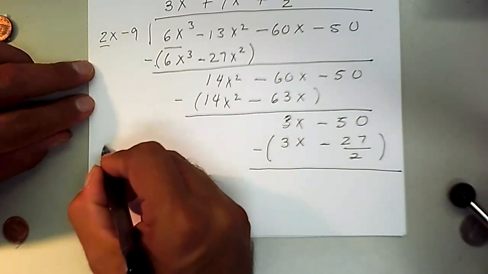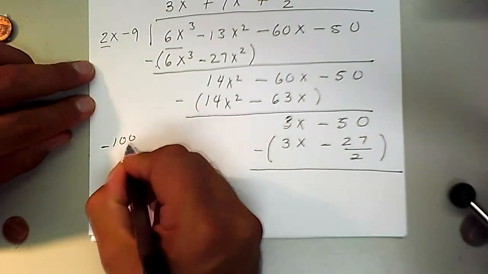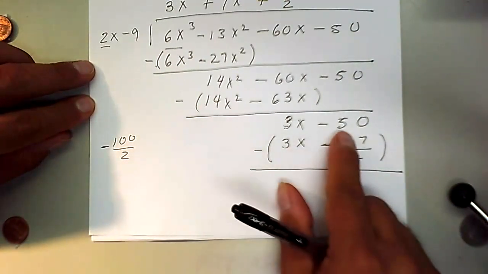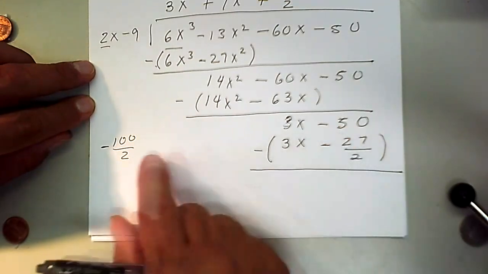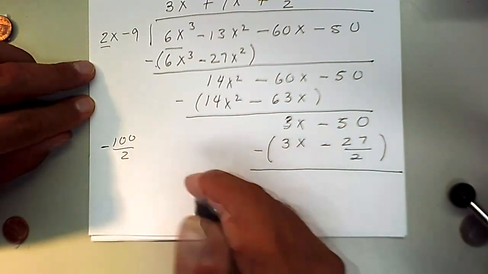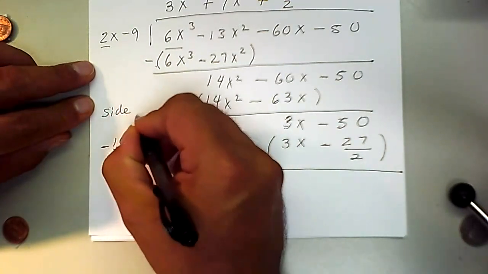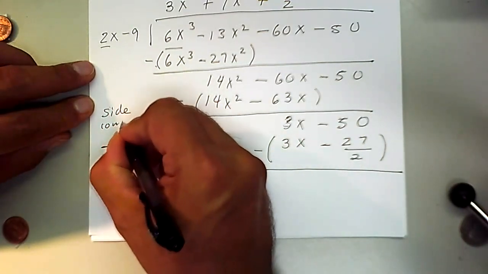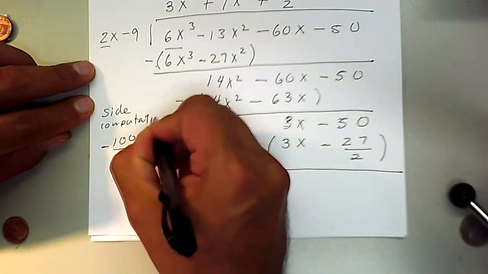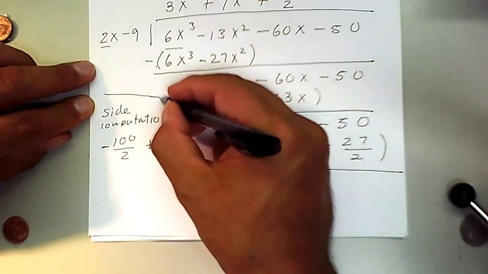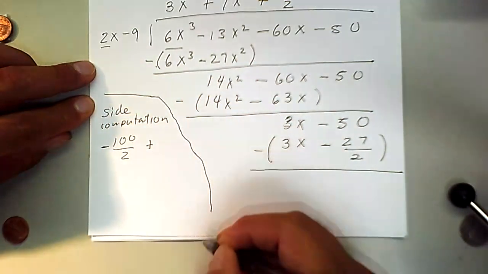Negative 50, remember, is the same thing as negative 100/2, because if you multiply by 2 and divide by 2, you end up with this. And then we're going to add, so this is a side computation. I'm going to try to squeeze it in here.